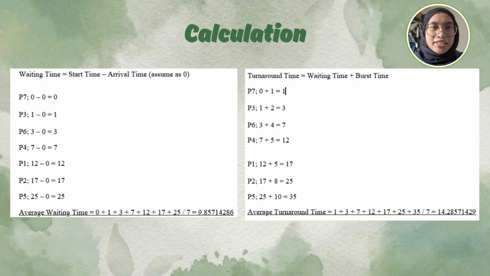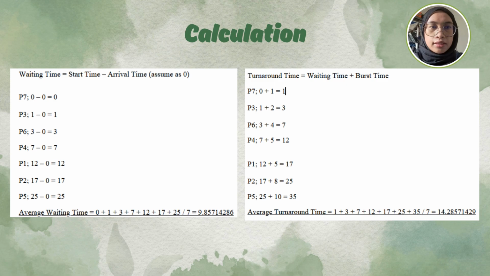This is the calculation for the waiting time, which is start time minus the arrival time, assumed as 0 because we refer to the Gantt chart, where the start time for P7 is 0, next is P3 and equal to 1.